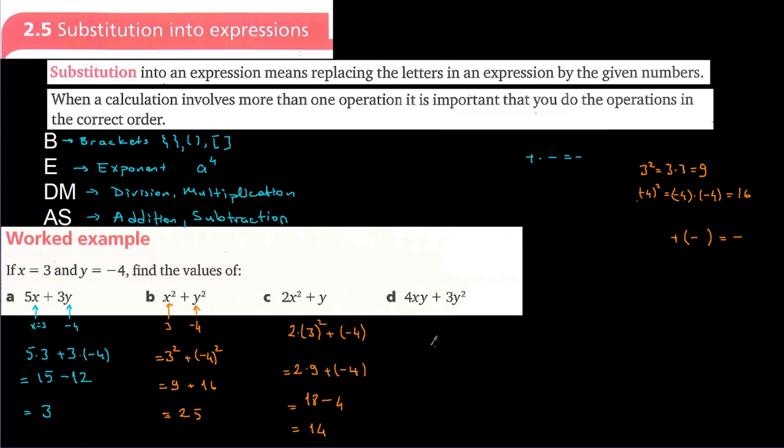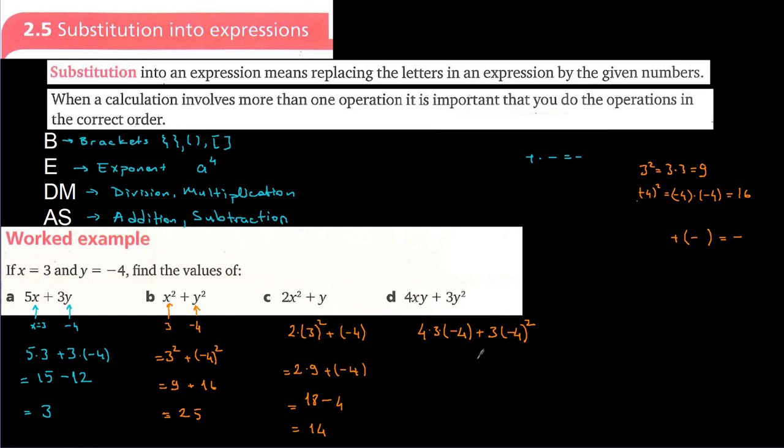Okay, 4xy plus 3y squared. If we say 4 times x is equal to 3, y is equal to -4, since it is -4, I'm writing it in parentheses. Times (-4). Then 3 times (-4) square.